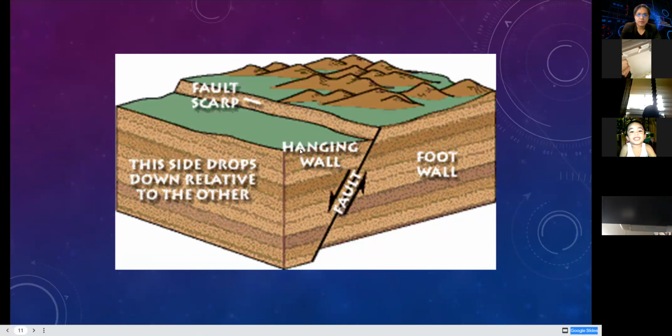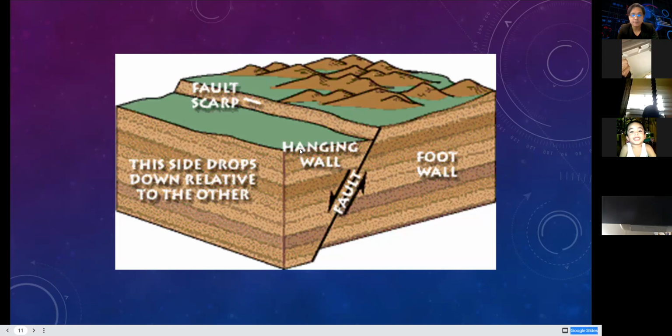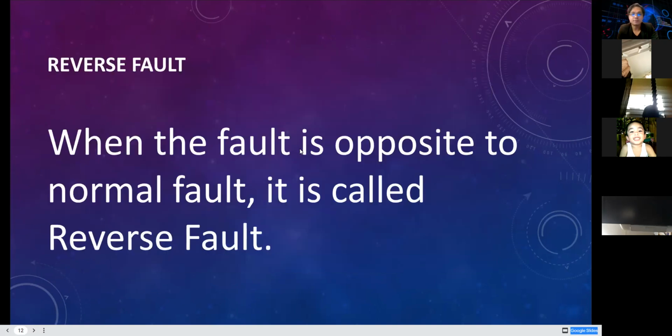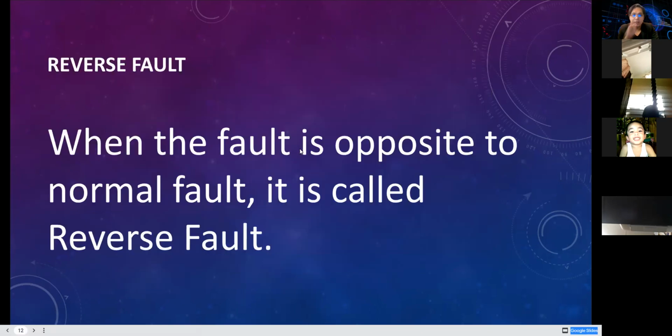Again, when the upper rock or the hanging wall moves down, just like this one, it is considered a normal fault. But if the hanging wall moves up, it is considered a reverse fault.